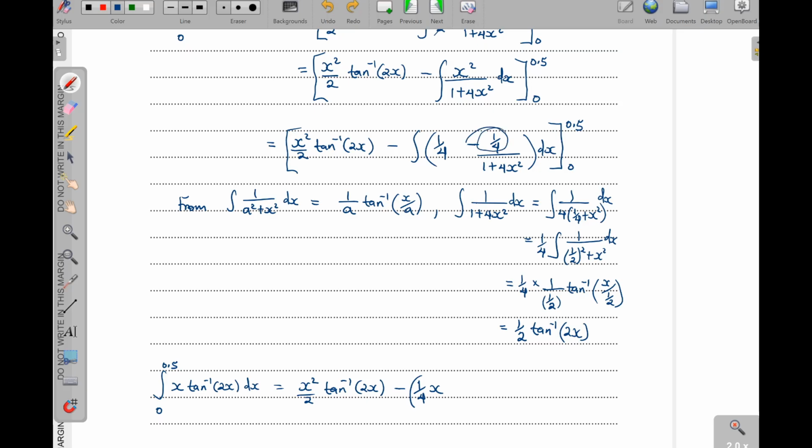I left this minus a quarter out. I just pulled out 1 over this. You remember? So there is that a quarter there. I will say minus a quarter, then times the integral of this one we have seen is this. So we shall say times a half, then the arctan of 2x. Okay, like that. And then we can put our limits, the 0.5 and the 0.